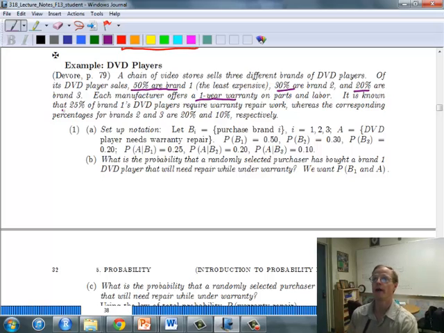Furthermore, we have 25% of brand 1 DVD players require warranty repair work, whereas brand 2 requires 20%, brand 3 requires 10%. Okay. Now, the big question is, what's the probability that if you buy a brand 1 DVD player, you're going to need warranty repair work? That's a very relevant question, which you might want to know the answer to before you make your decision as to which DVD player you buy.